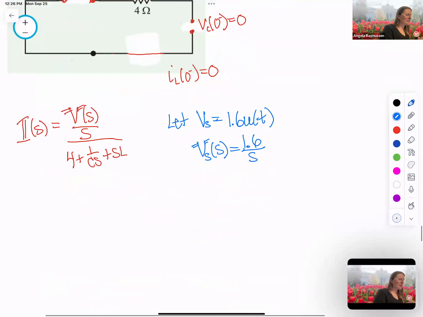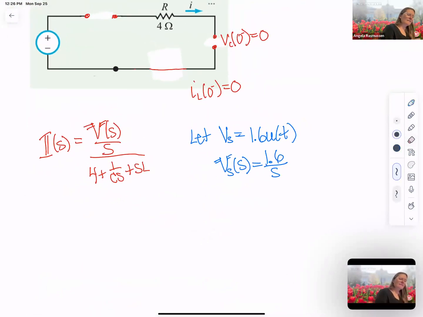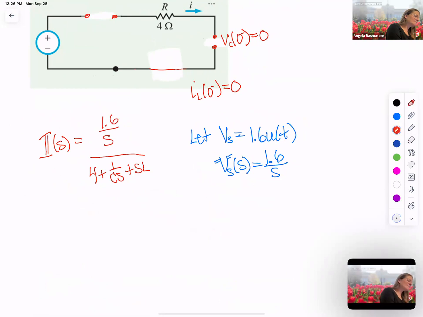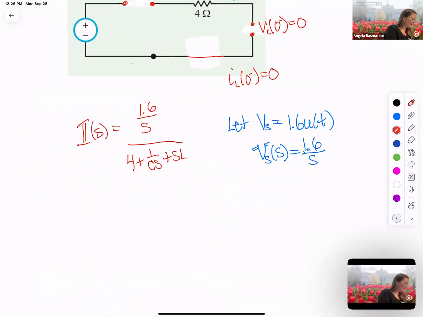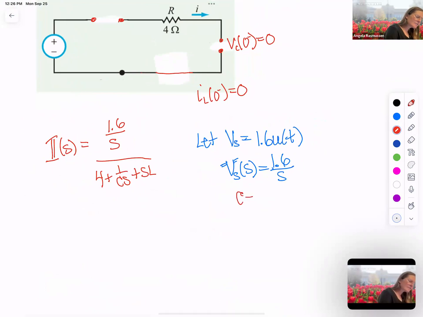Okay, so going back to this, I'm going to rewrite that one. So this will be 1.6 over S. And then I can multiply this out. Let's see, C is 0.1 farad, and L is 0.4 Henry.